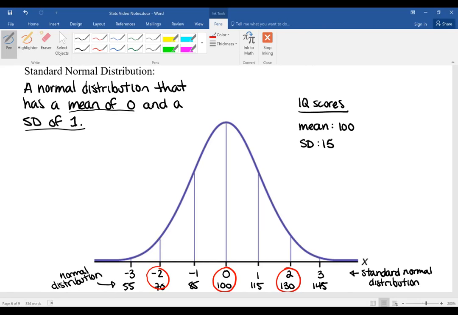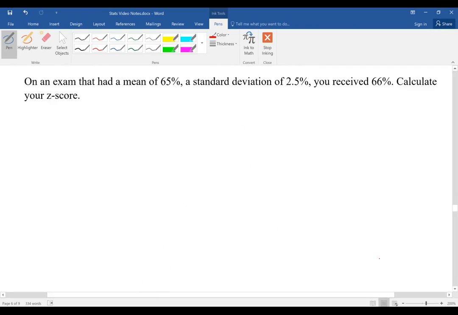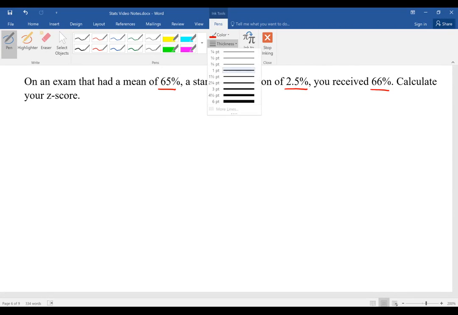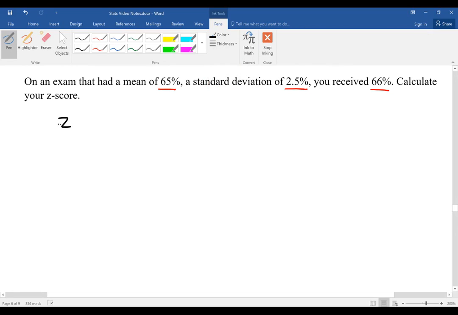Let's take a look at an example of where we can use this. On an exam that had a mean of 65% and a standard deviation of 2.5, you received 66%. Calculate your z-score. Let's start with our formula: z equals x minus mu divided by sigma.